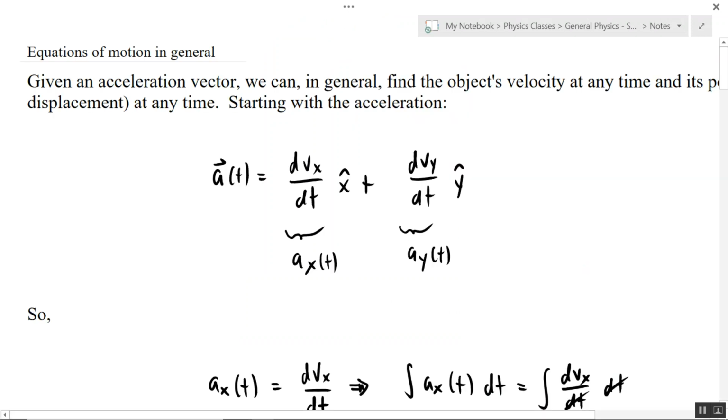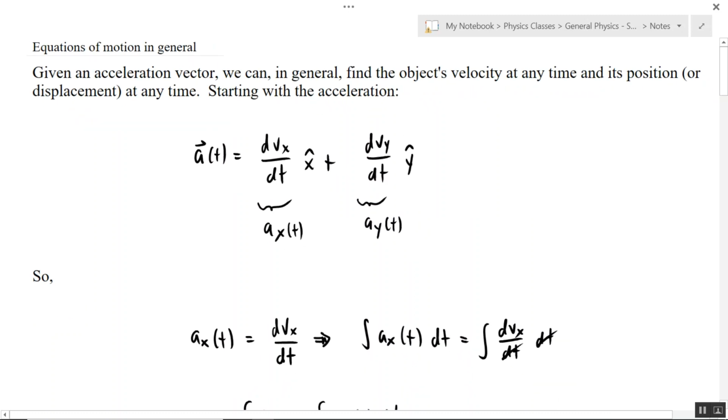And the next thing we're going to talk about is how you use these things to start to describe what's known as equations of motion. So basically what we're going to do is do things backwards to get how things move. So I'll explain what we're doing here. So we have the acceleration vector, right? The instantaneous acceleration vector.